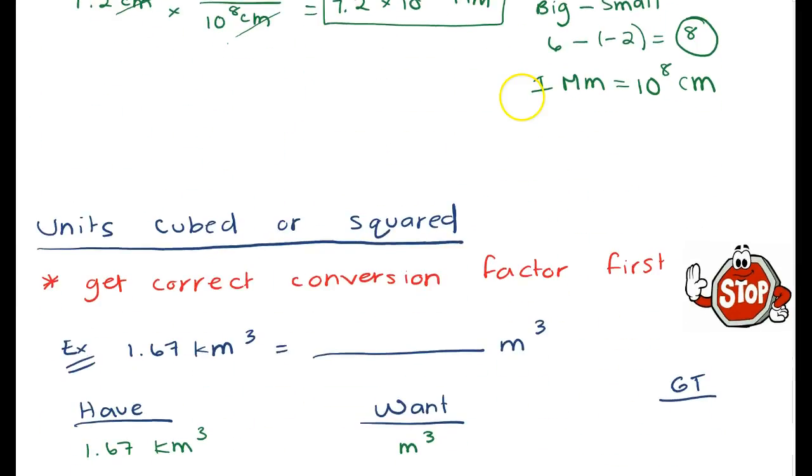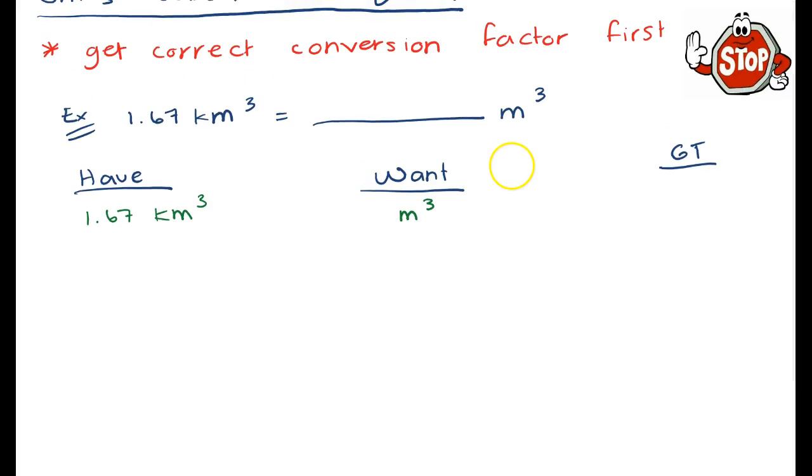So this tells me that for every 1 kilometer, the bigger unit, I have 10 to the 3 meters. One thing I want you to keep in mind that's really important is meters cubed are not the same as just meters. So I can't just directly use this conversion factor. I need to actually get meters cubed first.